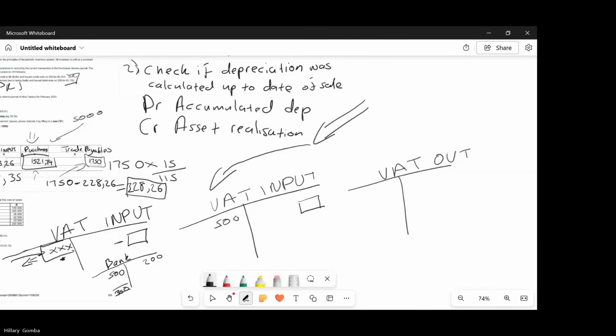Okay, now I get you. You now get it. But if it was a sale, obviously VAT output is on the credit, and then when we return, we were going to debit it.